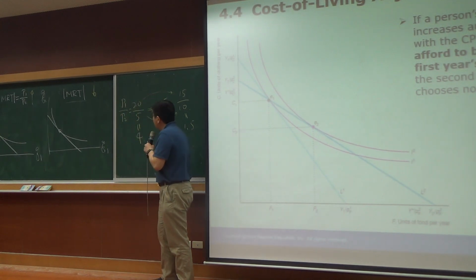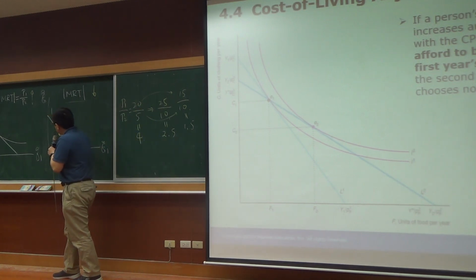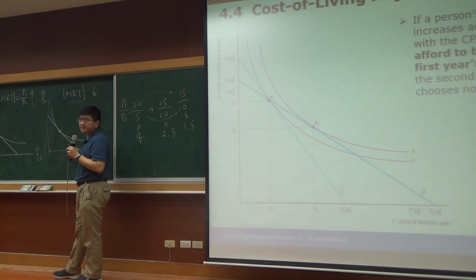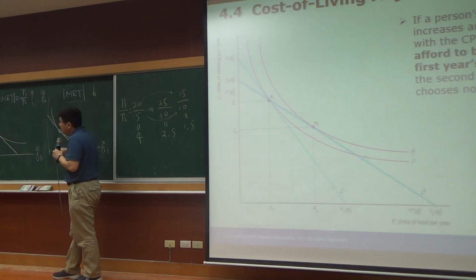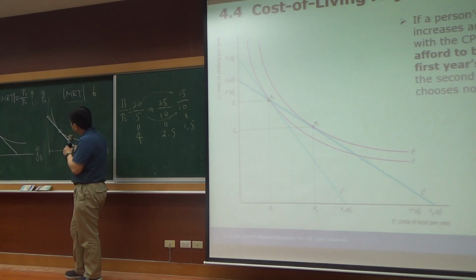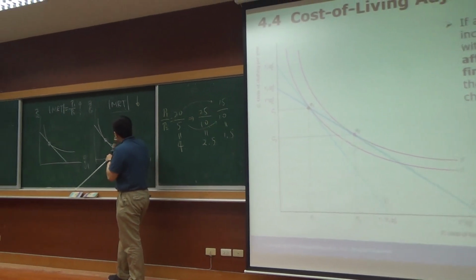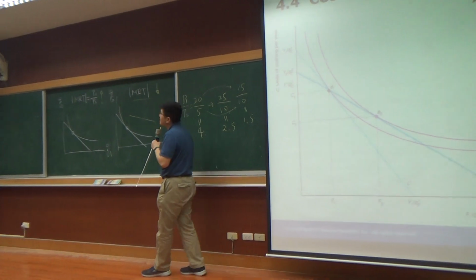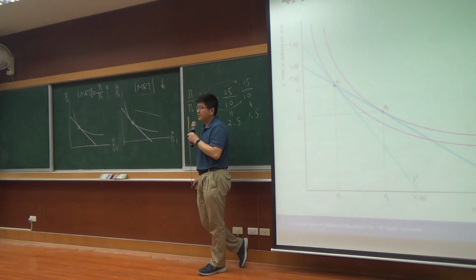Now when the relative price drops, the slope of the budget line becomes flatter, becomes smaller, right? With a smaller MRT, we see a flatter budget line.